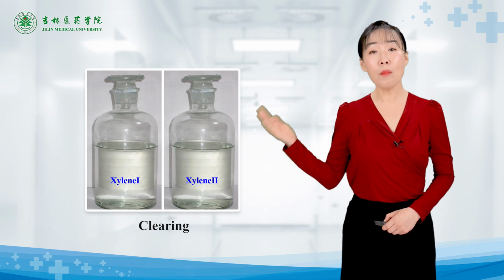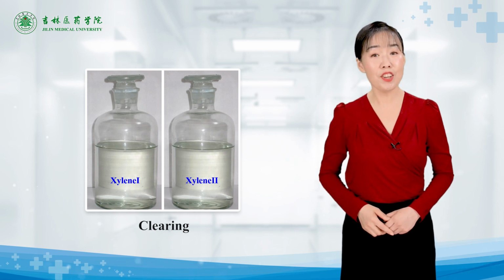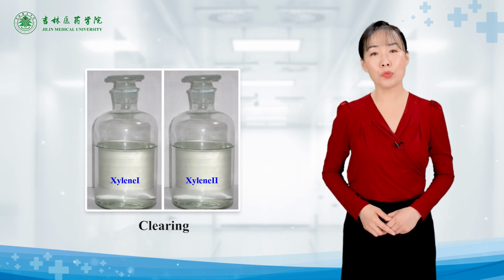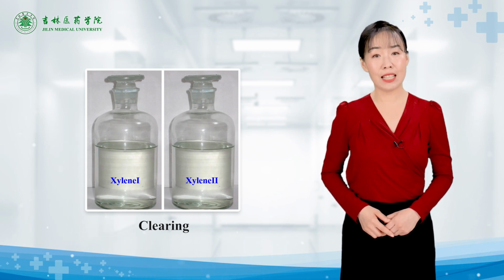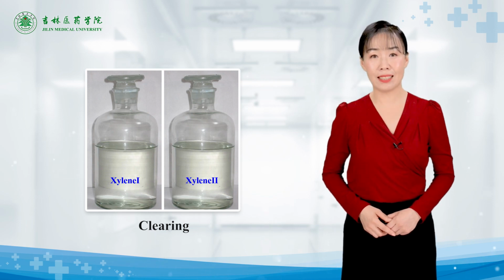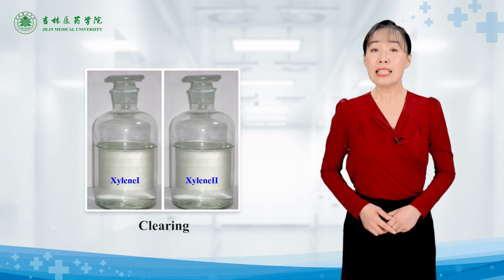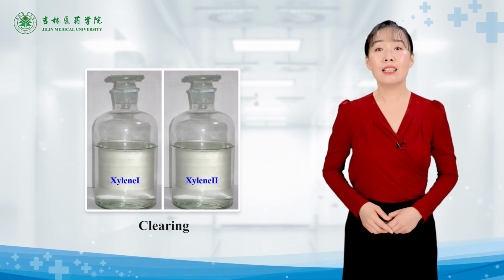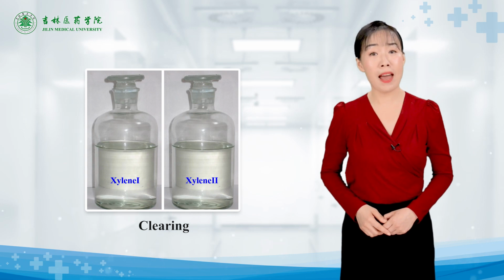Xylene is commonly used as a clearing agent. Dehydrated tissues are passed through successive changes of xylene until all the alcohol is replaced by xylene. Since xylene has a high refractive index, the tissue becomes transparent.